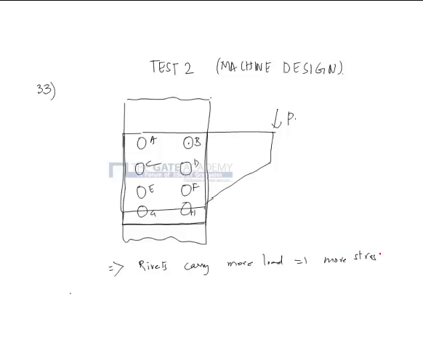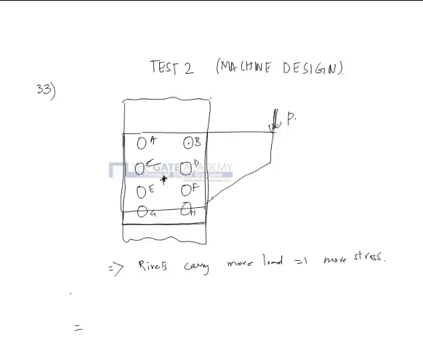Okay, so how do we break this problem? This is an eccentric load. This is the CG of the rivet system and this is an eccentric load.